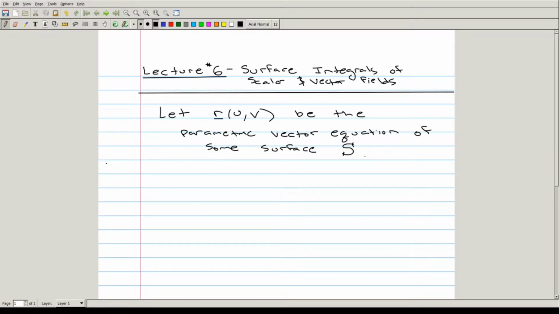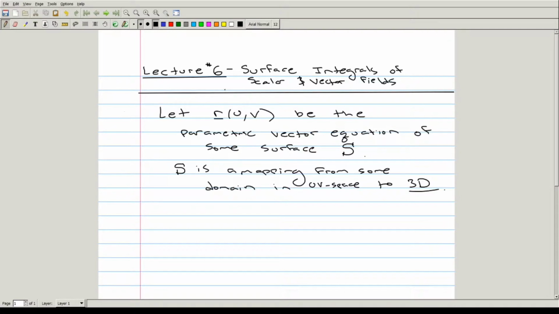In which case, S is a mapping from some domain in UV space to 3D, because in general, a surface is something that's defined in 3D.